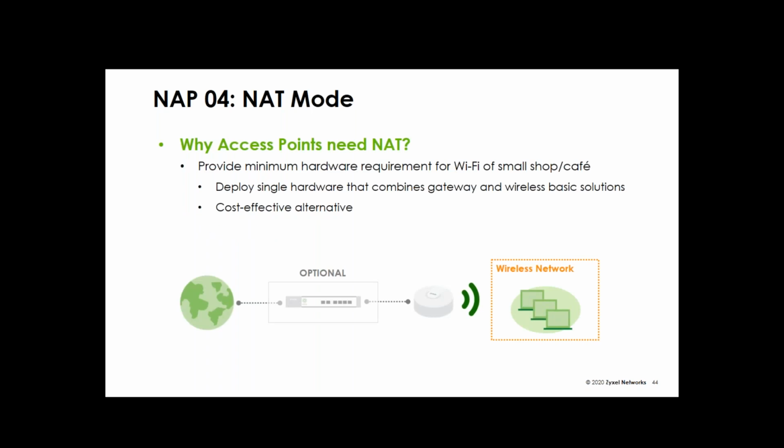The idea of this is to provide a minimum hardware requirement within, say, a small shop or a cafe. Rather than have to have a gateway and so on, you can use the access point as a combined gateway as well. You enable this feature on an access point, and all of the clients are NATed behind the access point itself.